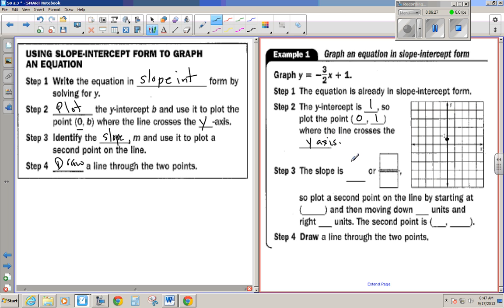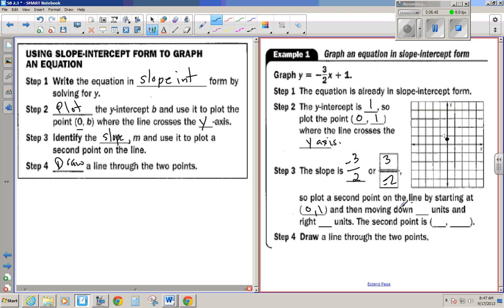Now the slope is negative 3 over 2 or 3 over negative 2. You can think of it in either way. So plot a second point on the line by starting at (0, 1), and then moving down blank units and right blank units.